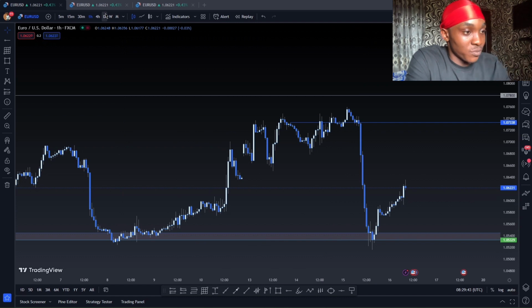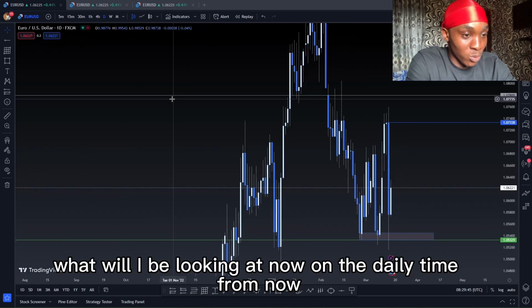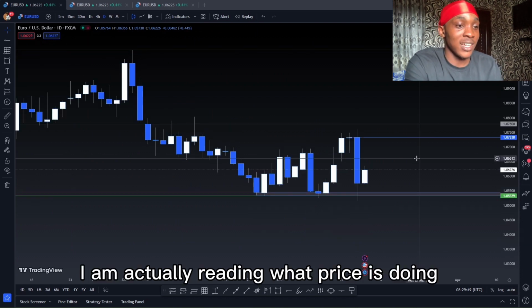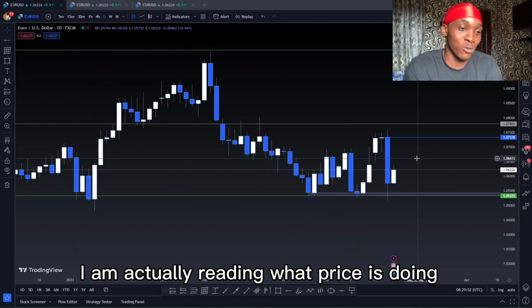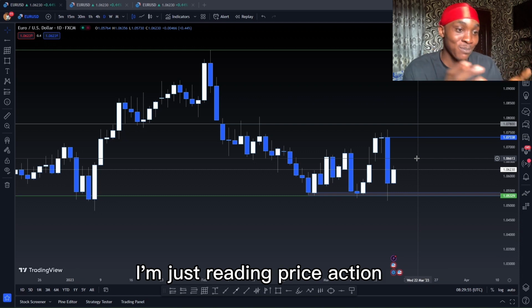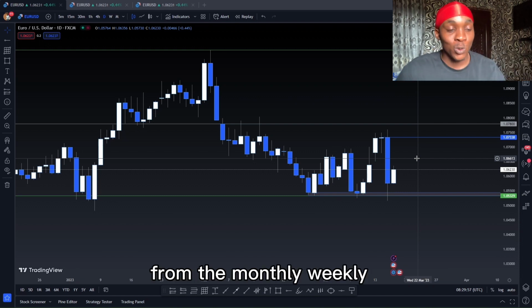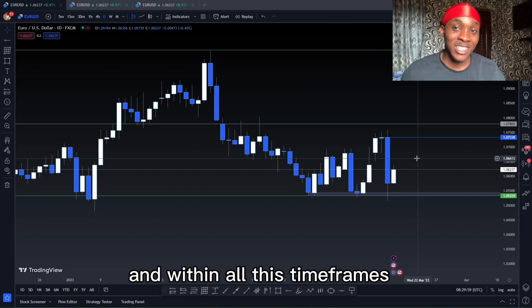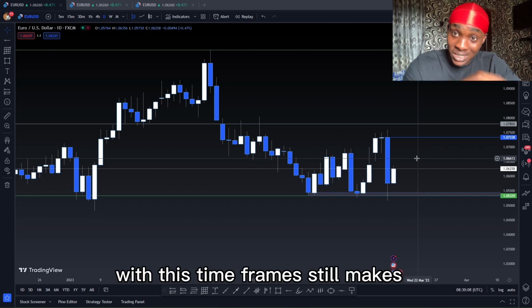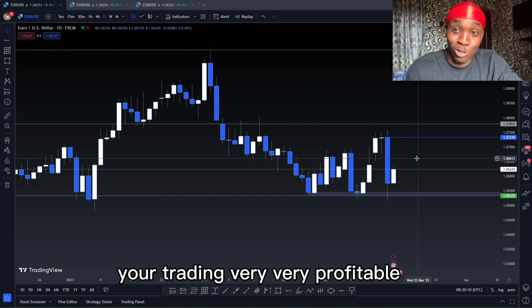So down to the daily time frame, what will I be looking at now? Understand something, I am actually reading what price is doing, and I'm not reading it in an indirect way. I'm reading price action from the monthly, weekly, now down to the daily, and having everything backed up with these time frames makes your trading very, very profitable.